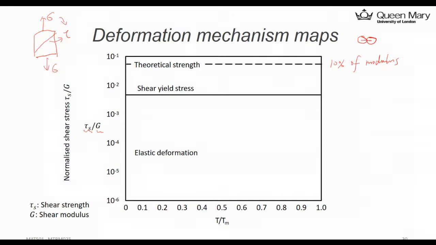Okay, you can think about there's a bond between two atoms. The covalent bond will give you the modulus and the strength. So the theoretical strength is roughly just below 10%, 0.1.